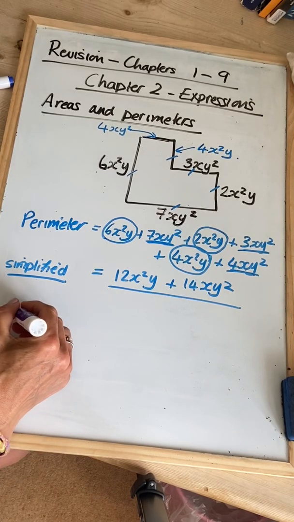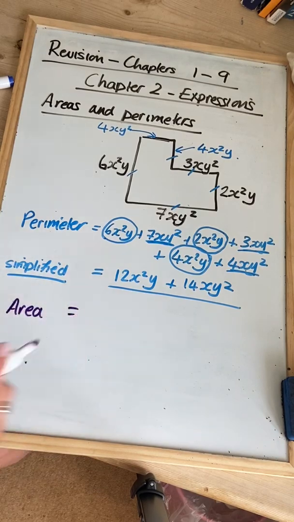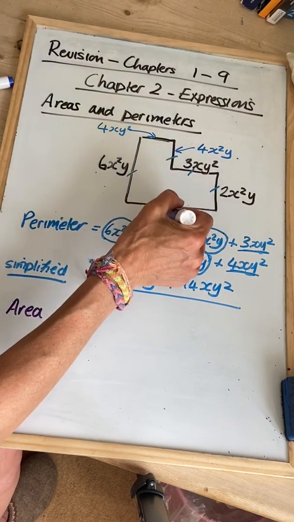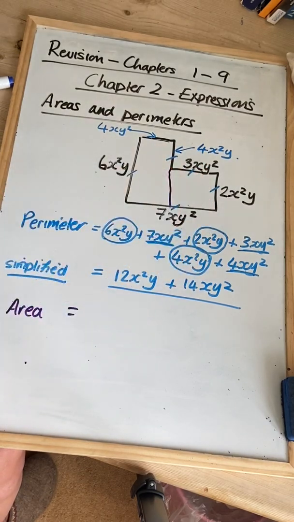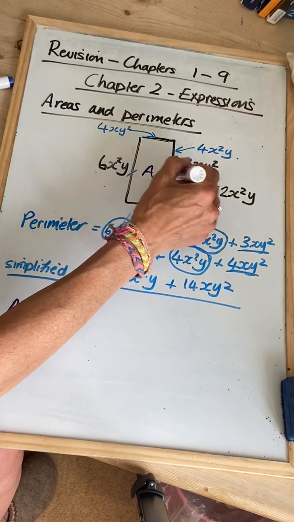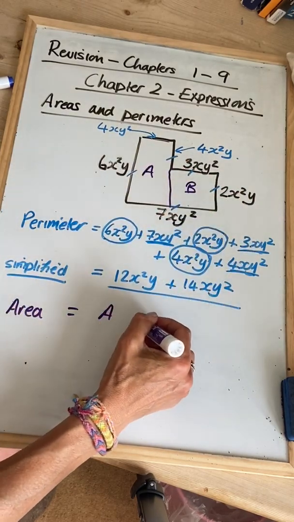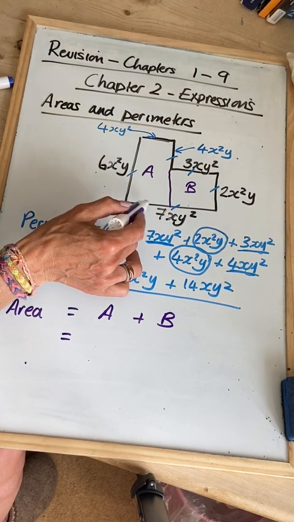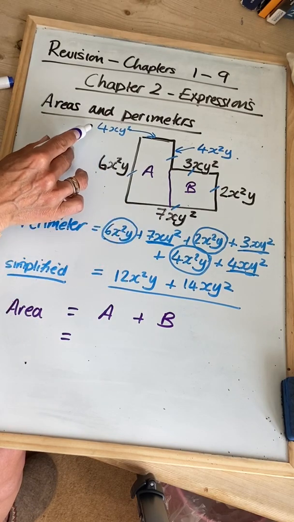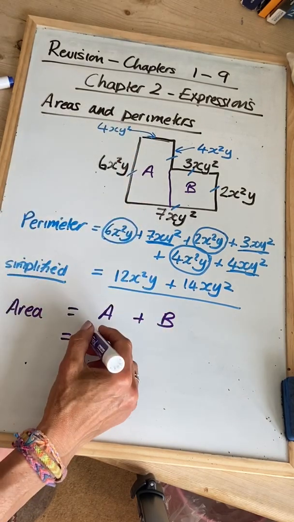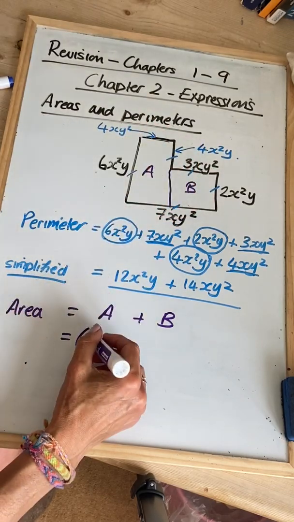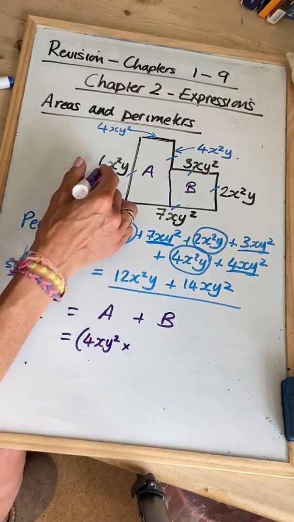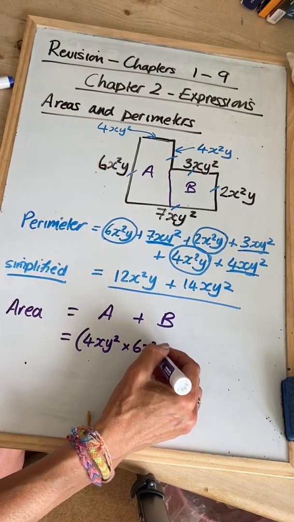Okay, so if we want to calculate the area of this shape, we need to divide our shape into 2 rectangles. Doesn't matter if we put a line across there or a line down there. I think we'll put our line down there. I'm going to call it shape A and shape B. So we're going to do shape A plus shape B. Shape A, our area is going to be our 4xy squared, so the horizontal there, 4xy squared, and it's going to be multiplied by 6x squared y.